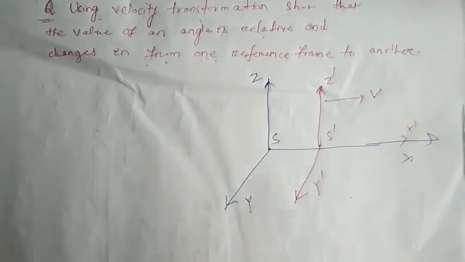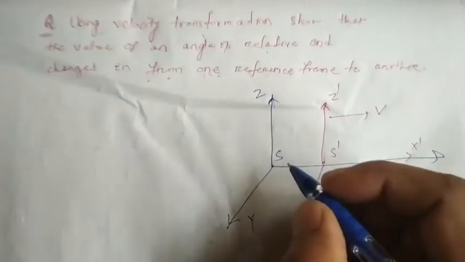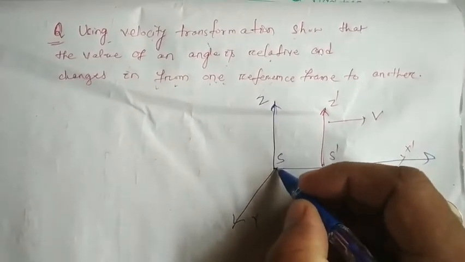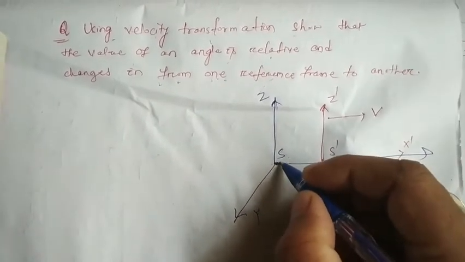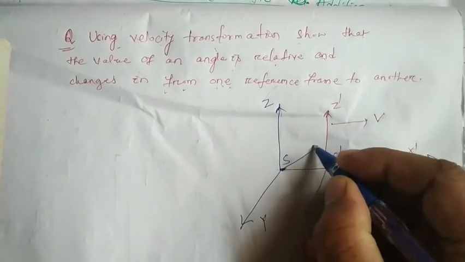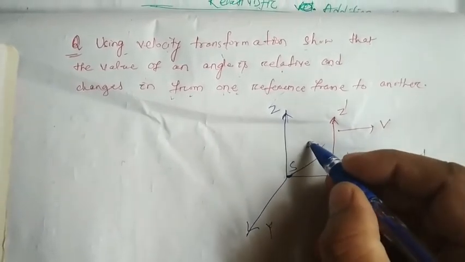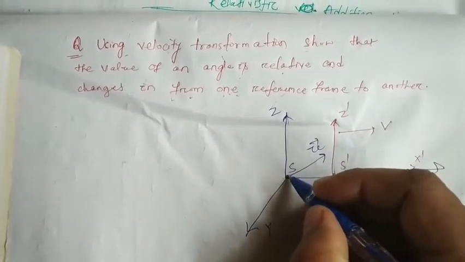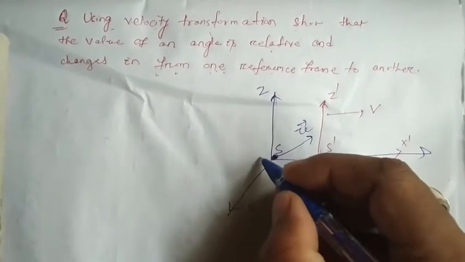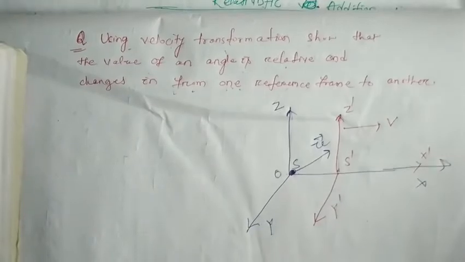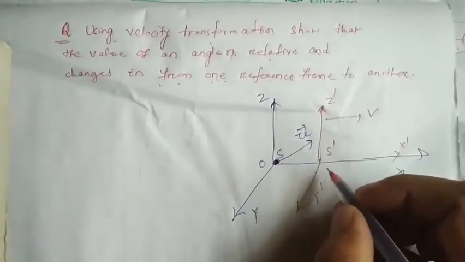Now consider a particle which is moving with a velocity u in S frame, making an angle theta. This is your u velocity. This is the particle, suppose, which started from the origin O, and this is O dash.